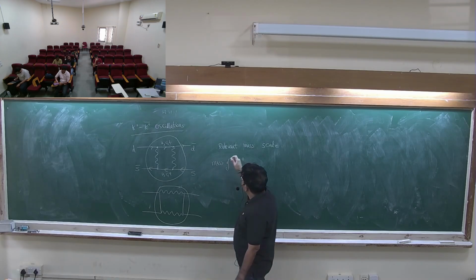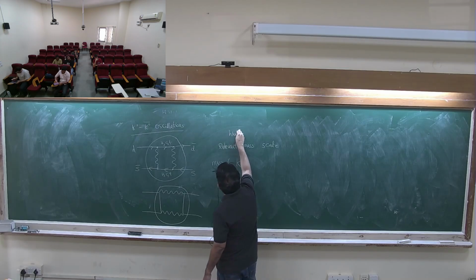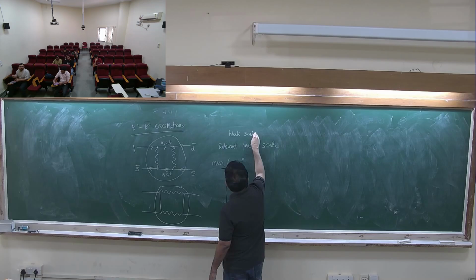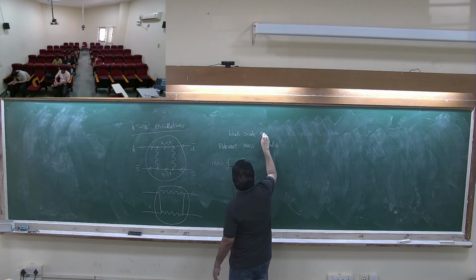So this is called weak scale effective theory.